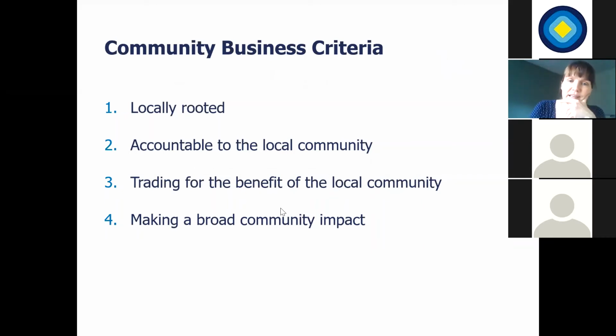Okay, so next point is making a broad community impact. Sorry, back to the, yeah. So point 4, making a broad community impact. Oh, I skipped one, trading. So you should be actively trading, and for this fund we're looking for organisations with an established track record of generating their own income.